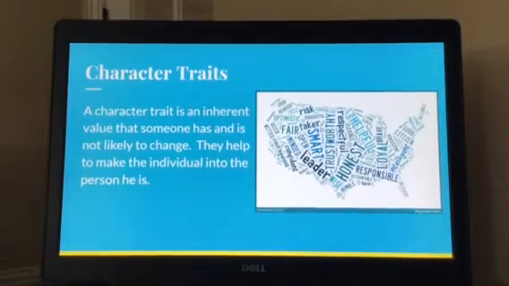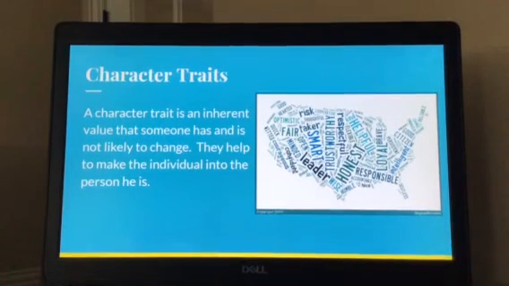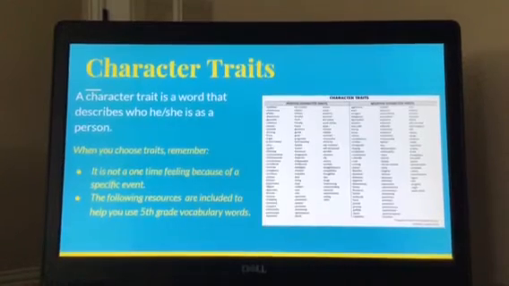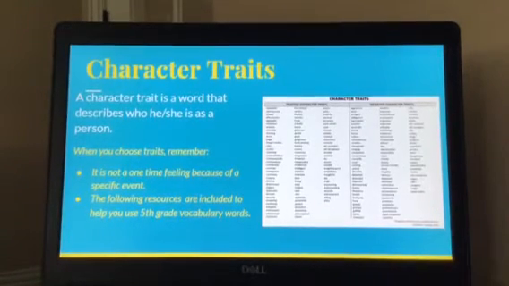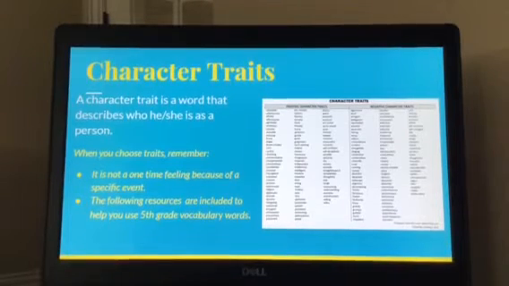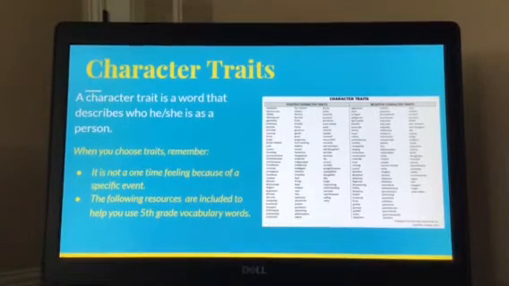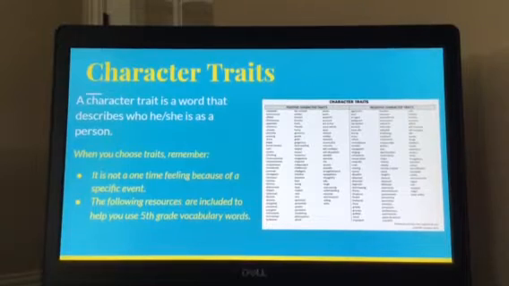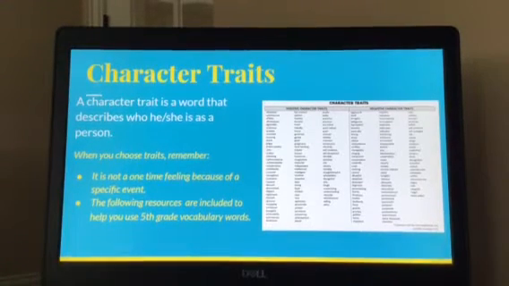Character traits are the values that someone has. They're not likely to change. They make the person into the individual that they are. Character traits describe the person. These are some key things to remember: it is not a one-time feeling because of a specific event.